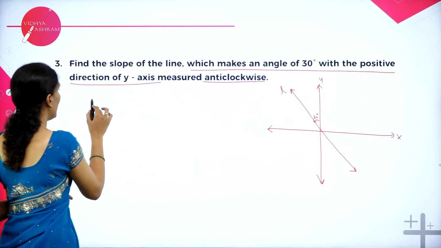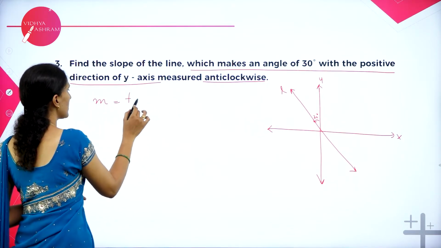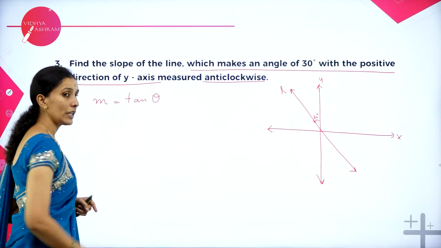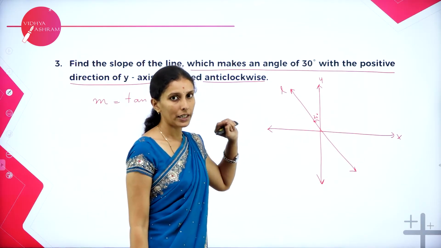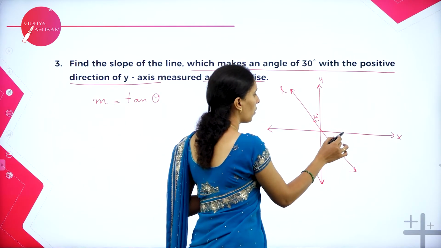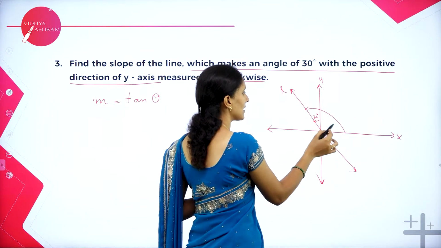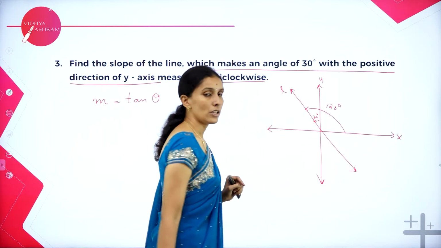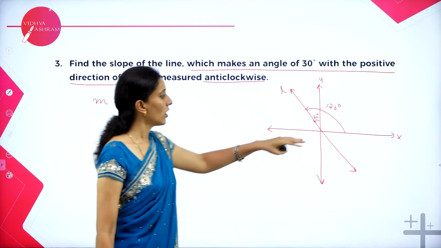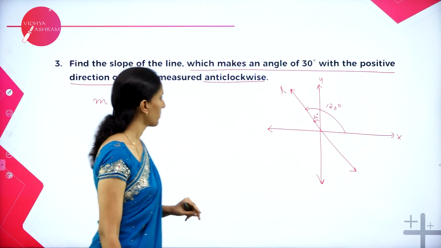I know my formula to calculate a slope is m is equal to tan theta whenever theta is given. But here theta is not 30 degrees. It is the total along with the x-axis, that is 90 plus 30, which is equal to 120 degrees. So this is my inclination to the x-axis.